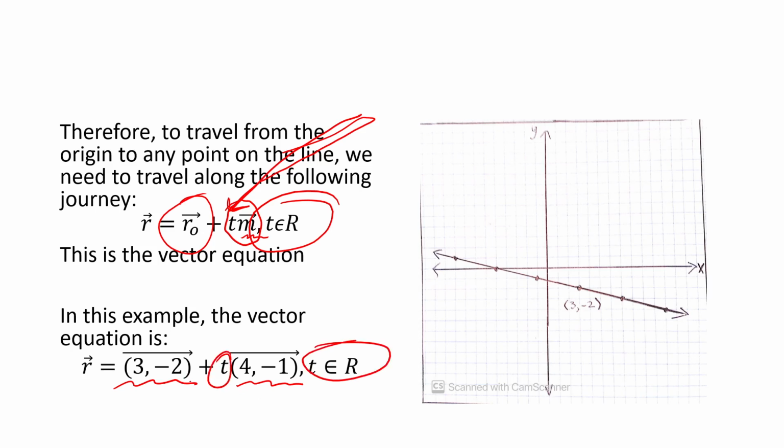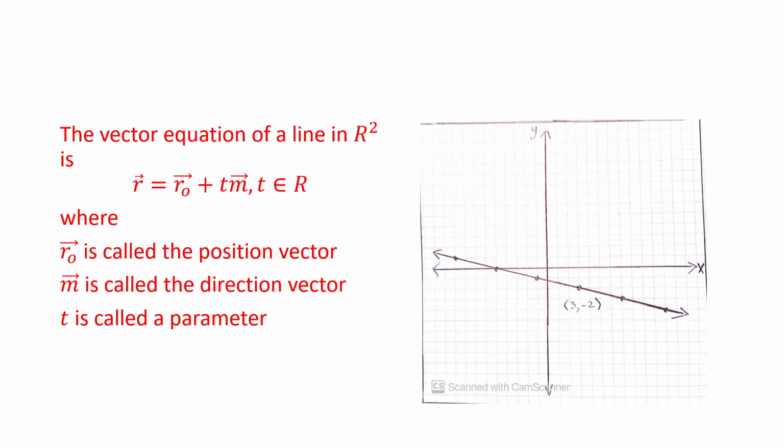And so what we have, like we said, is a position vector in the lead, and then we have a direction vector following the t, and the t, obviously we can use any different letter that we want, but that t is called a parameter. So here it is in red, so this is obviously important.